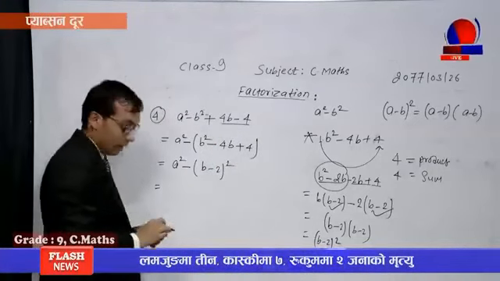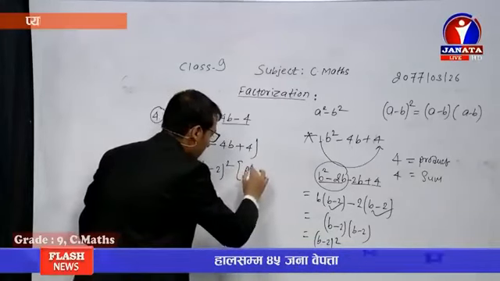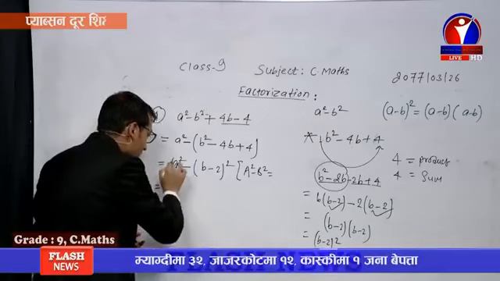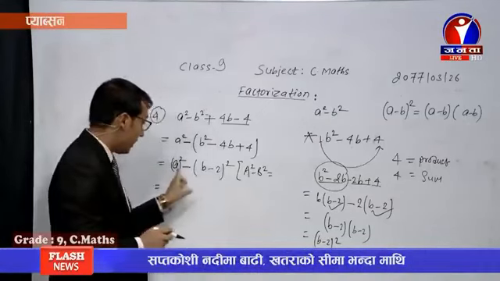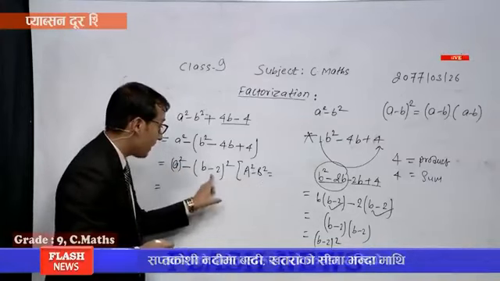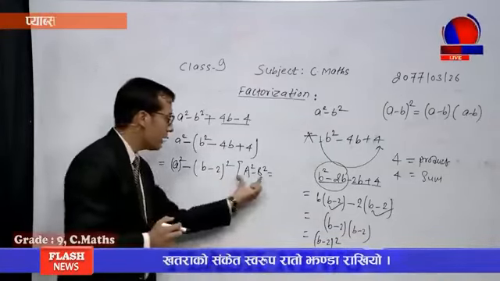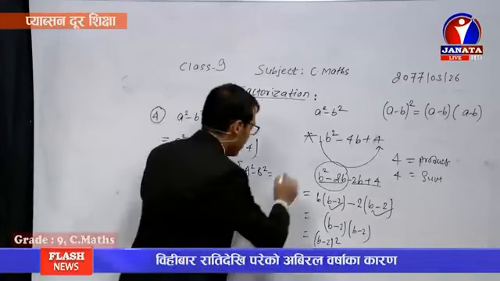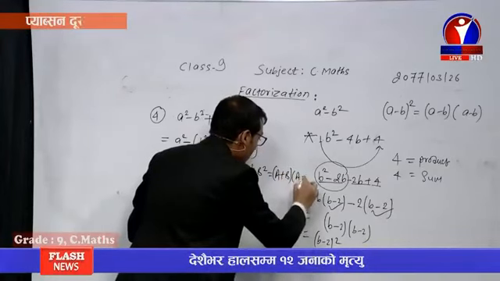Now again, this is in the form of a square minus b square, where capital A is a itself and capital B is b minus 2. Now we know what are the factors of a square minus b square. The factors are a plus b times a minus b.